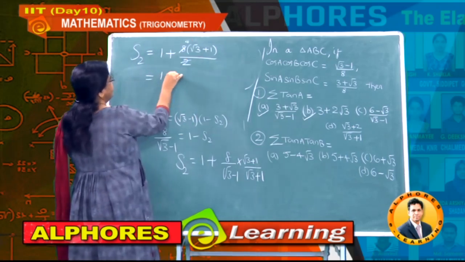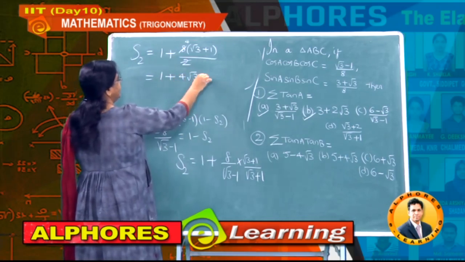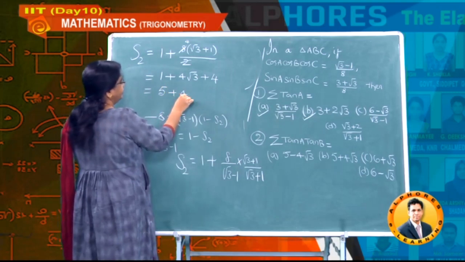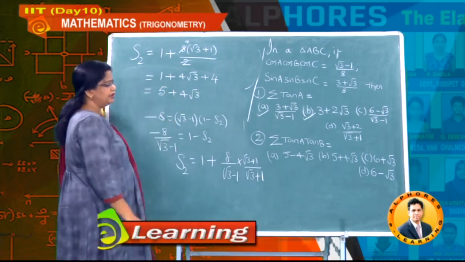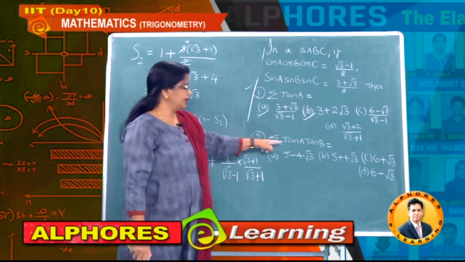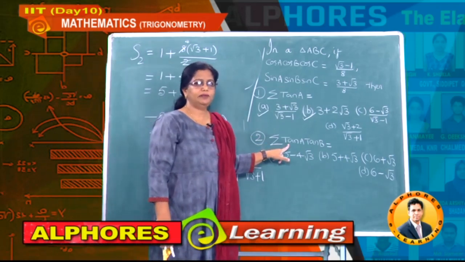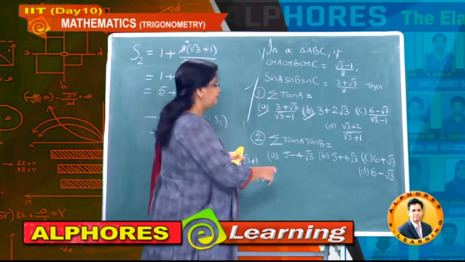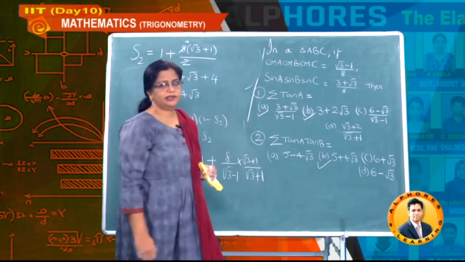So, 1 plus 4 root 3 plus 4. Hence, you got 5 plus 4 root 3. Is it clear students? So, you got S2. What is S2 here? That is tan A tan B plus tan B tan C plus tan C tan A equal to, we got 5 plus 4 root 3 as the answer.